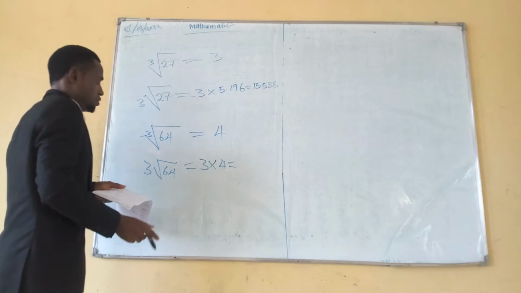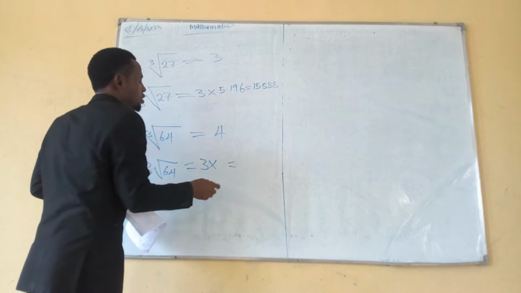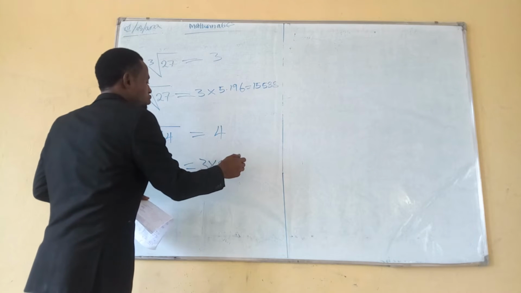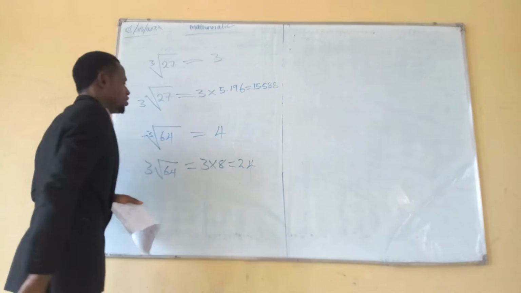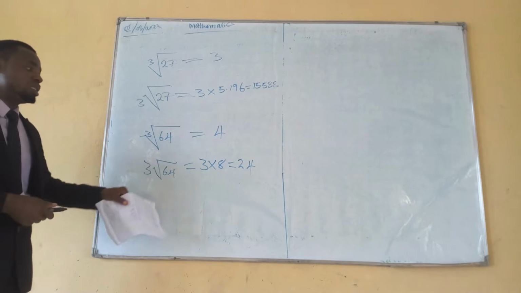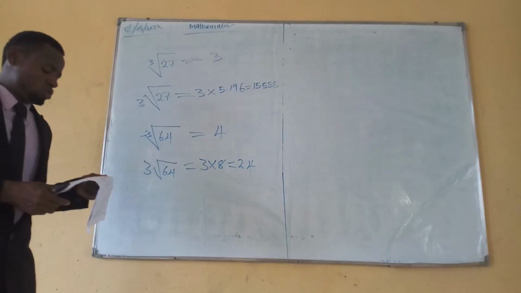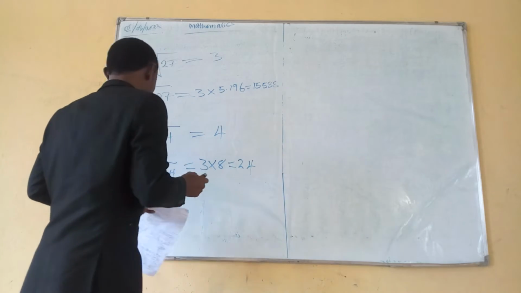I think, sorry, not 4, 8. This will give us 24. Okay, because the cube root of 64 is 4... sorry, the root of 64 is 8. Then this one means multiplication. So let's look at another one.